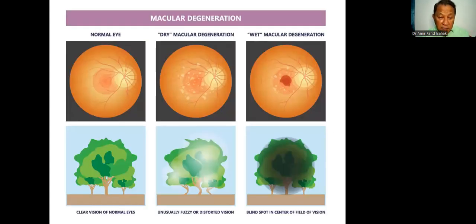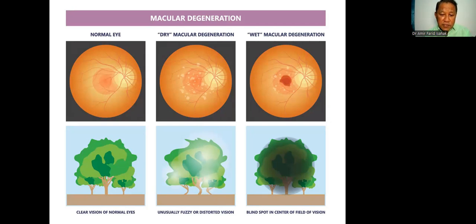So this is the kind of vision you can expect to have if you are fortunate enough to develop this condition. See the retina in the normal eye, the fundoscopy, and the clear vision of the normal eye compared to the dry macular degeneration.